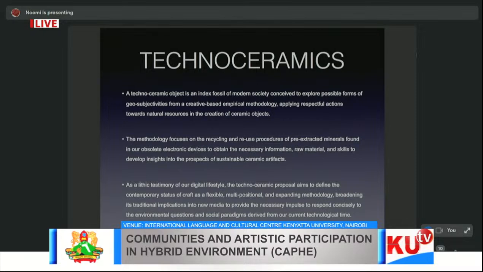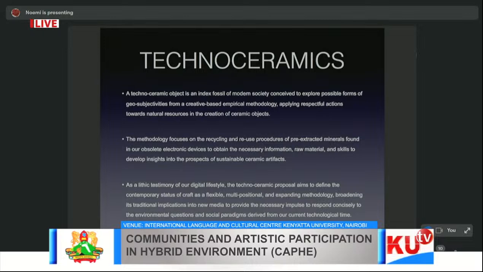A technoceramic object will be an index fossil of modern society, conceived to explore these possible forms of geosubjectivities from a creative-based empirical methodology, applying respectful actions towards natural resources in the creation of ceramic objects.